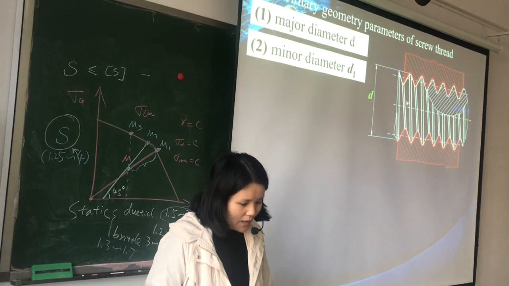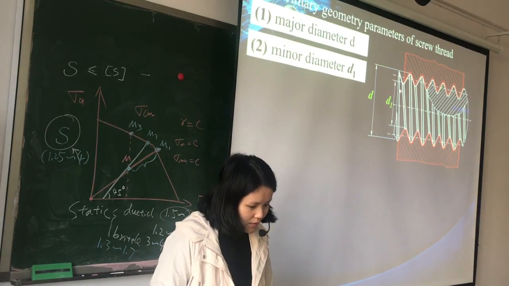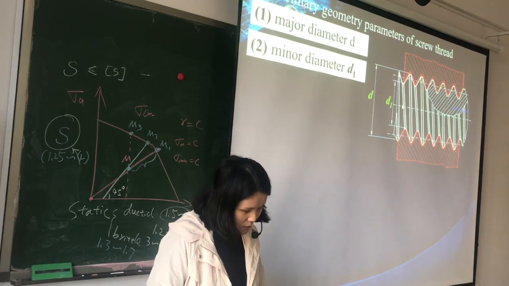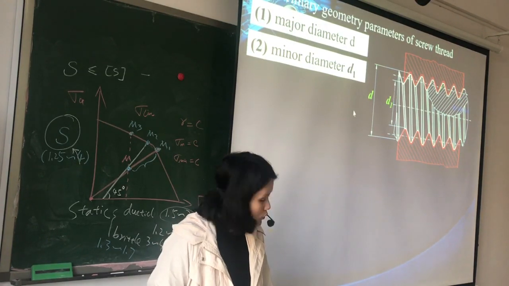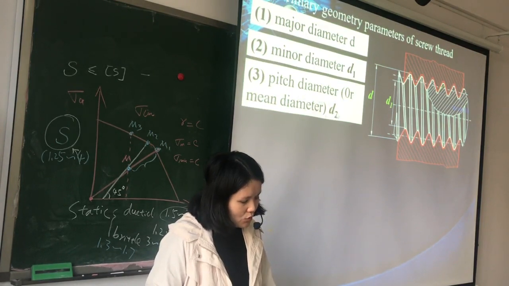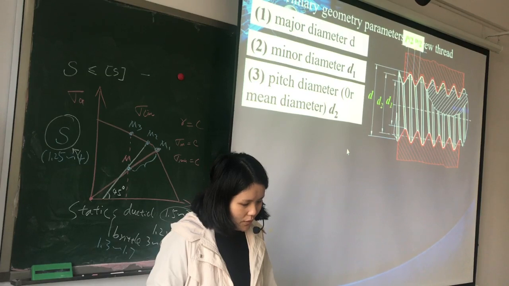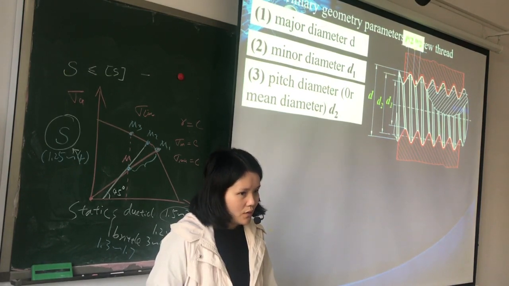The minor diameter D1 is the smallest diameter of the screw thread. And the pitch diameter D2, at which the width of the thread and the groove are equal.